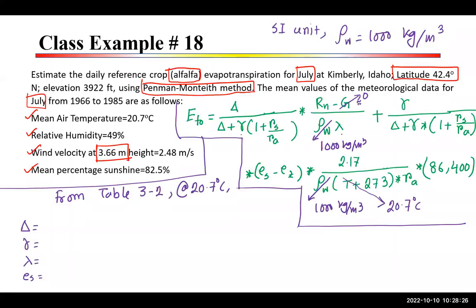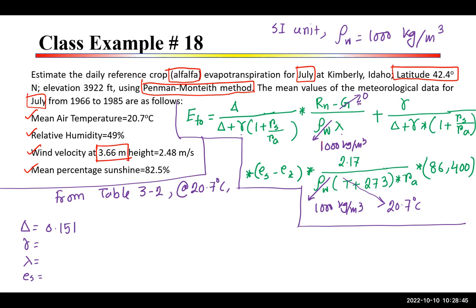Okay, so I will just write down delta, which is 0.151, right? Is that correct? Is it within the range?